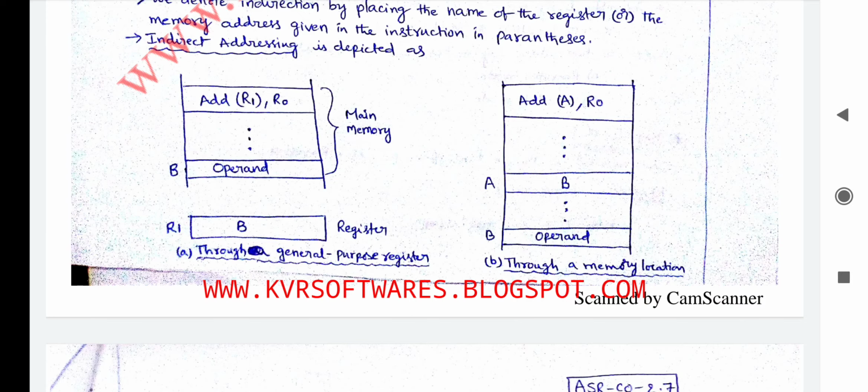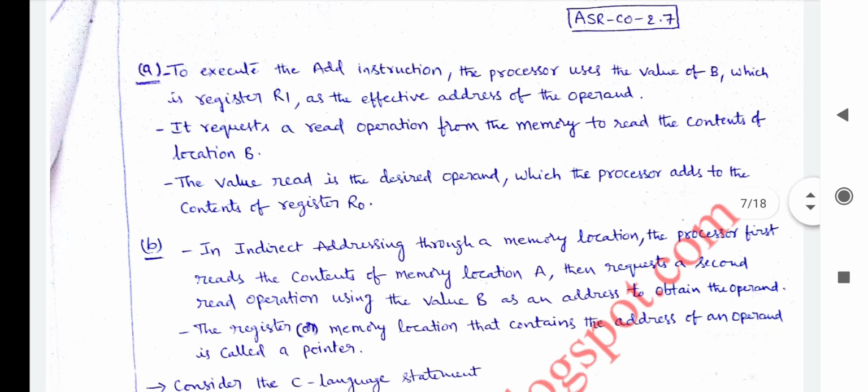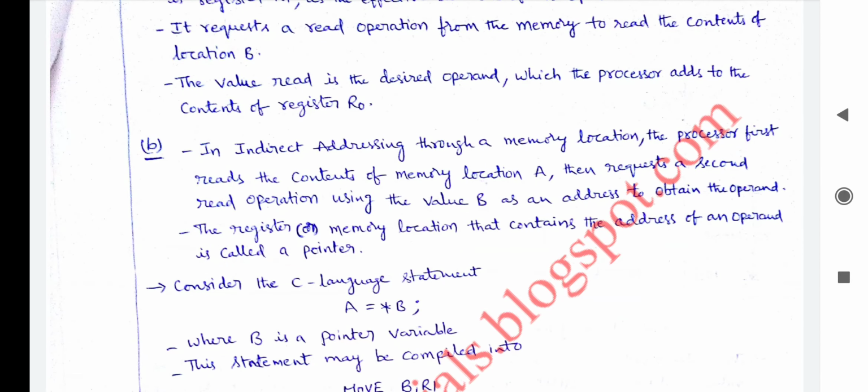A contains B. Then the processor performs a second read operation using the value of B as an address to obtain the operand. So B contains the operand. This is called indirect addressing mode.